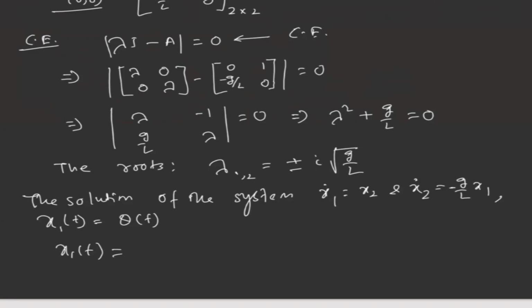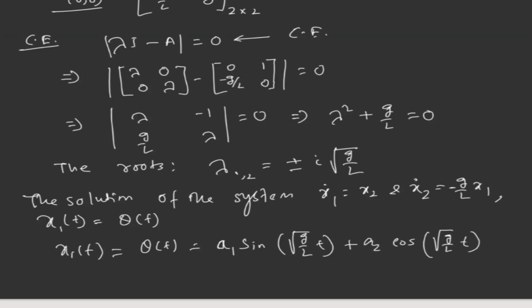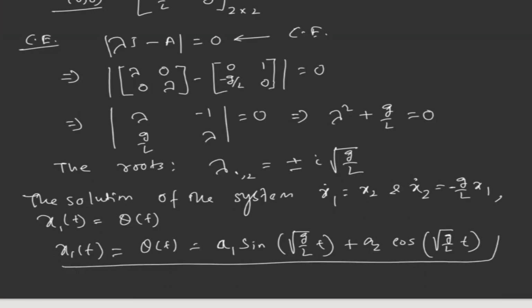So x1 of t, or theta of t, we can write the expression a1, some constant, sine root over g by L t plus a2 cos root over g by L t. If you notice carefully, the expression we had for the equilibrium point (0, 0), the same expression we are getting here.